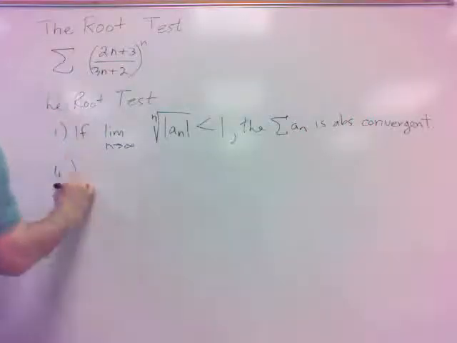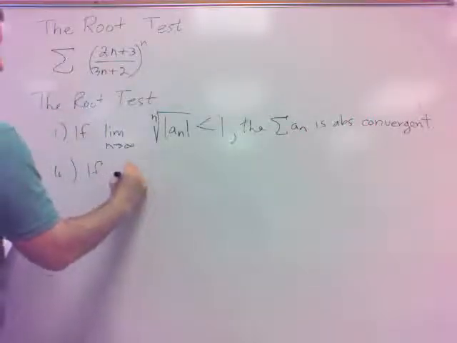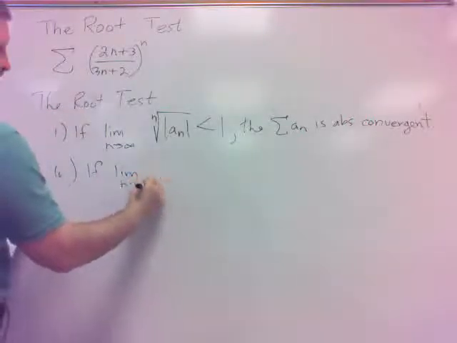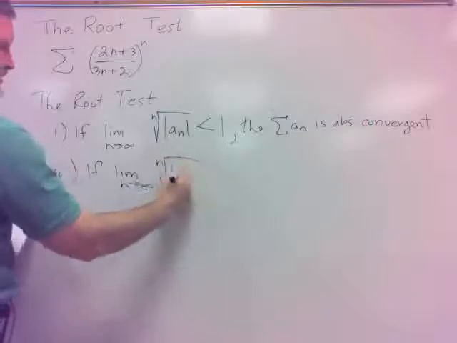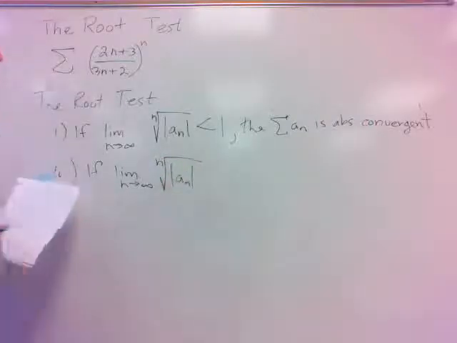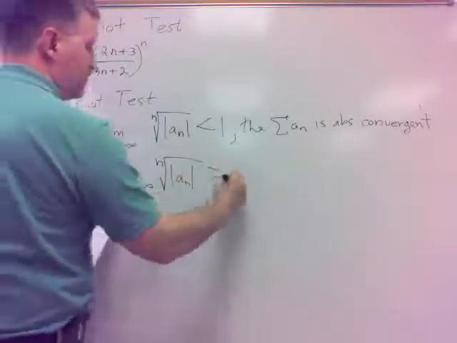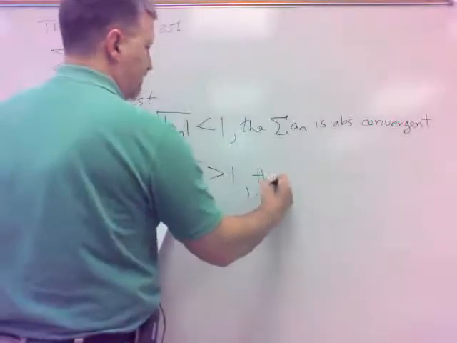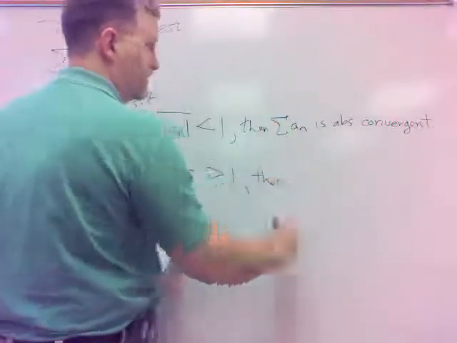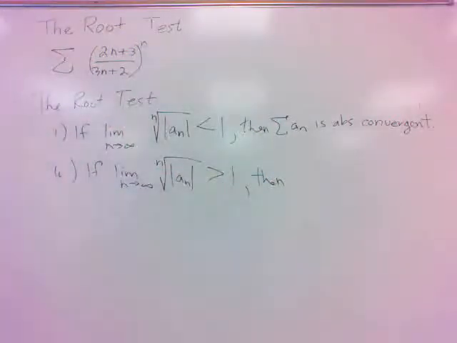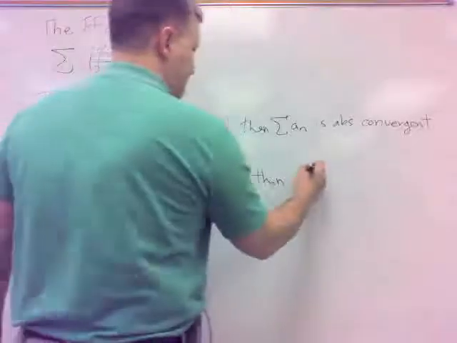And number 2, if this limit of the nth root of the absolute value of a sub n is greater than 1, just like the ratio test, then the series is divergent.